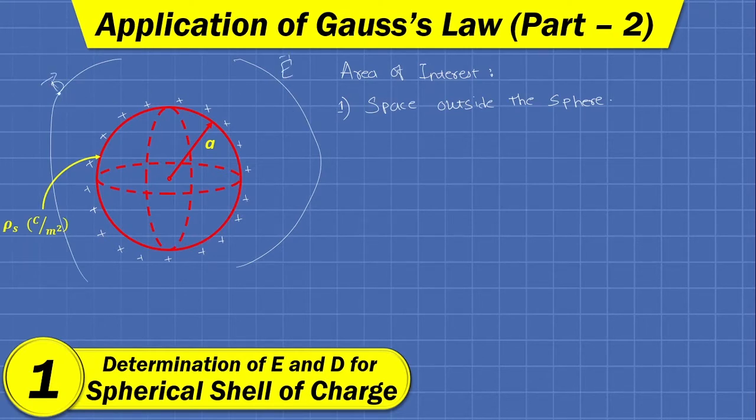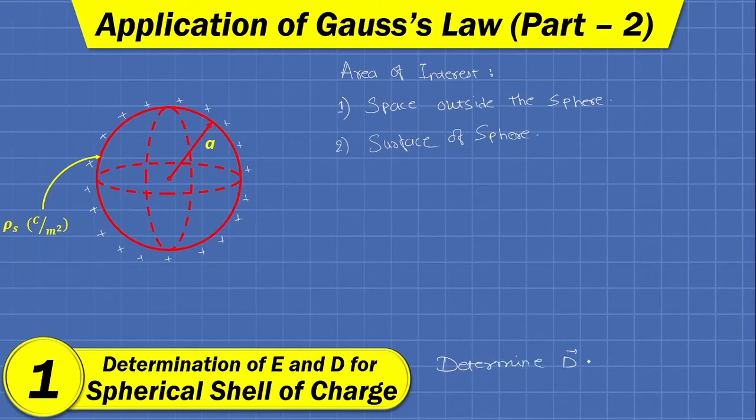The other area of interest is the surface of the sphere. Our ultimate objective is to determine D bar and E bar with the help of Gauss's law, but D bar and E bar will be different for all three regions. The third region is the space inside the sphere.